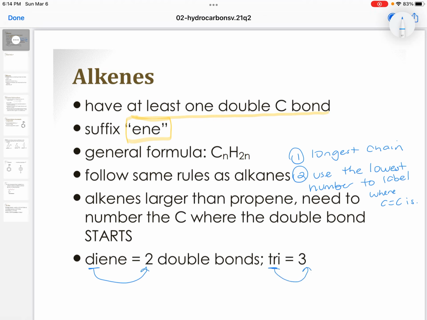So you can have cyclic, you can have straight chains, you can have branches, you can add chlorines, you can do lots of different things.